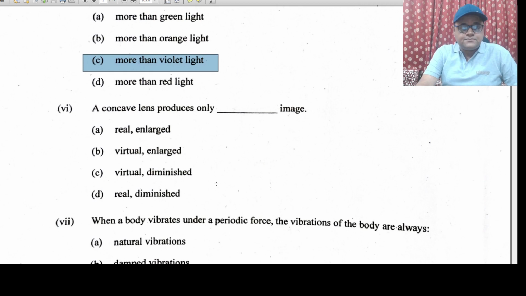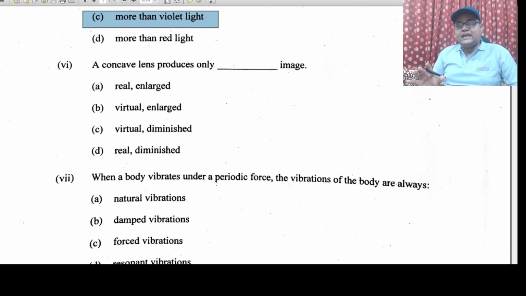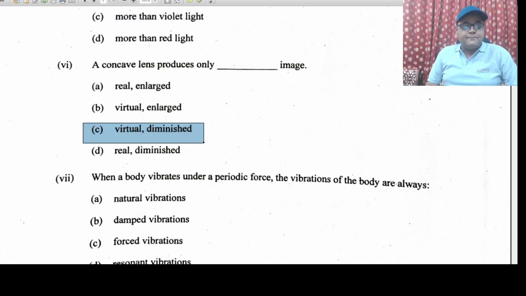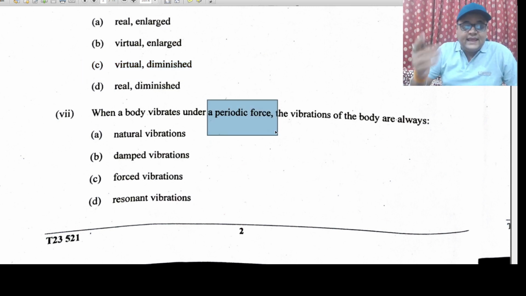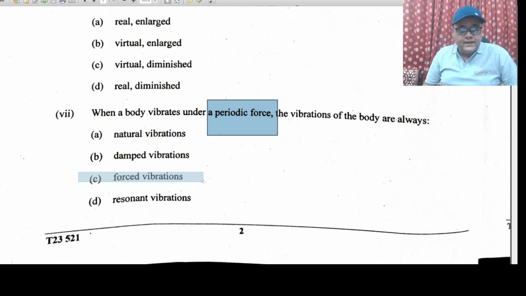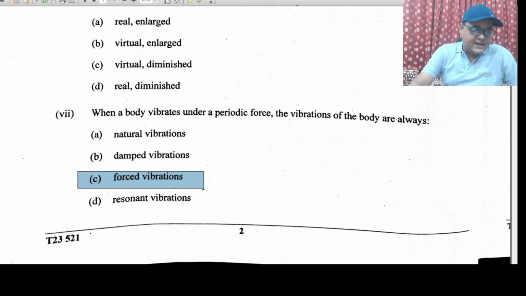A concave lens produces only... see, in a concave lens you never get a real image. The image is always virtual and diminished. Is that very clear? The next part, seventh: when a body vibrates under a periodic force, the vibrations of the body are always... since the force is periodic, right? You are applying an external force, so it has to be a forced vibration indeed.